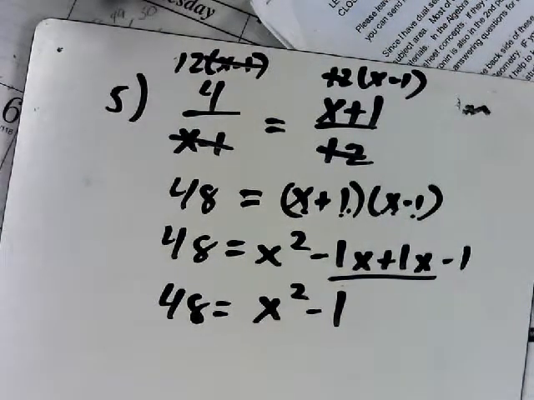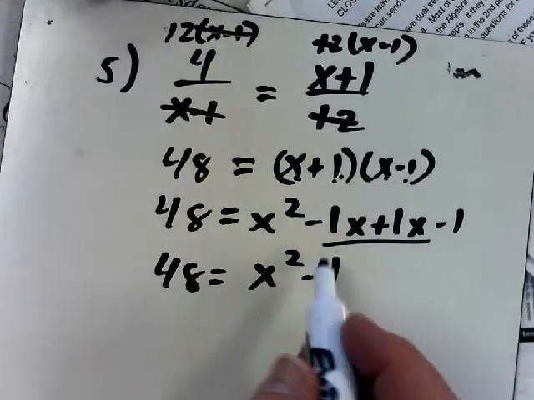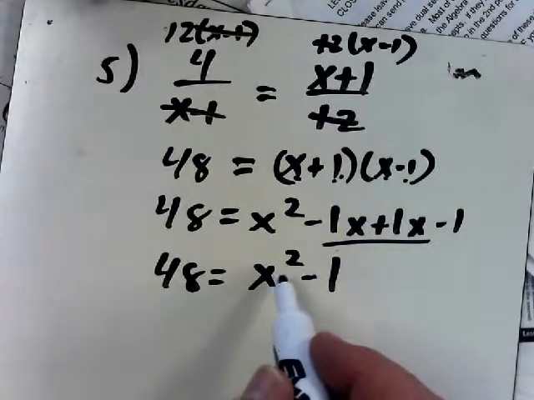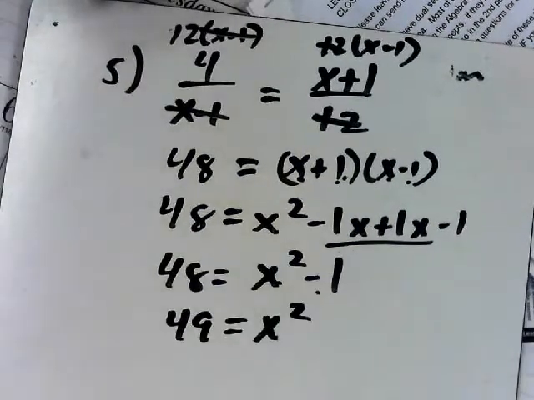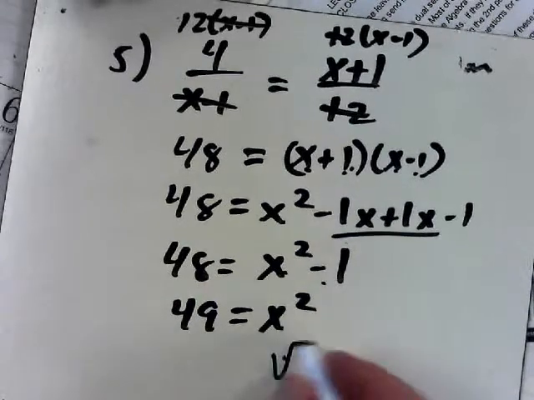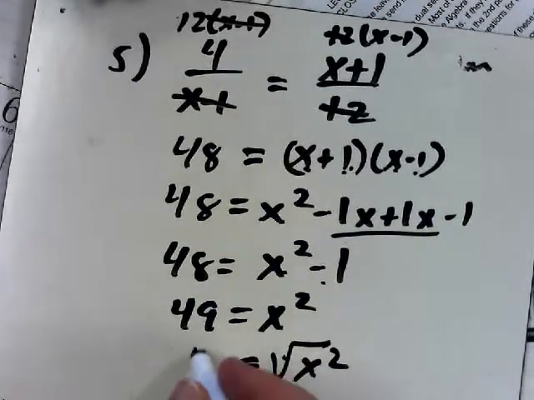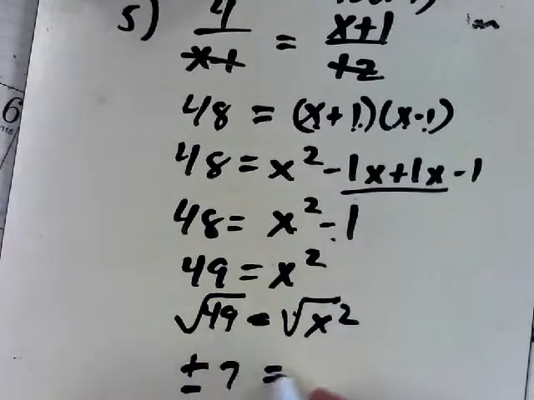Okay, a couple of ways that you can do this. Because I don't have any x term, but I have an x squared, I can move the 1 over here and get 49 equals x squared, by adding, taking the square root of both sides. I can have plus or minus 7 equals x.